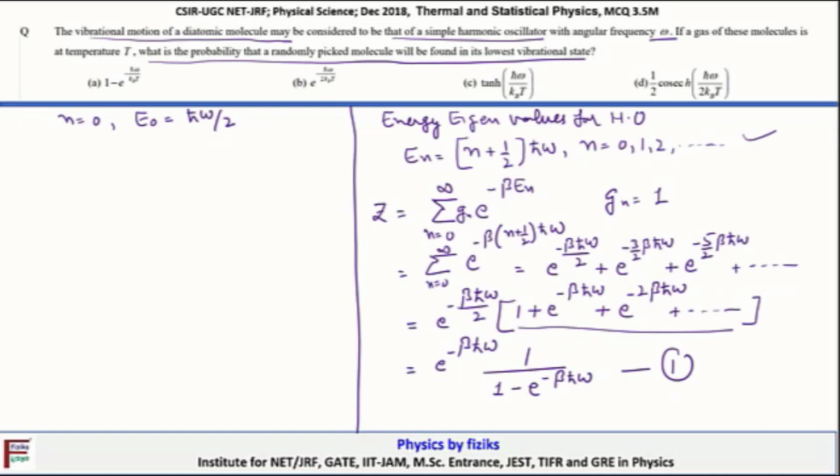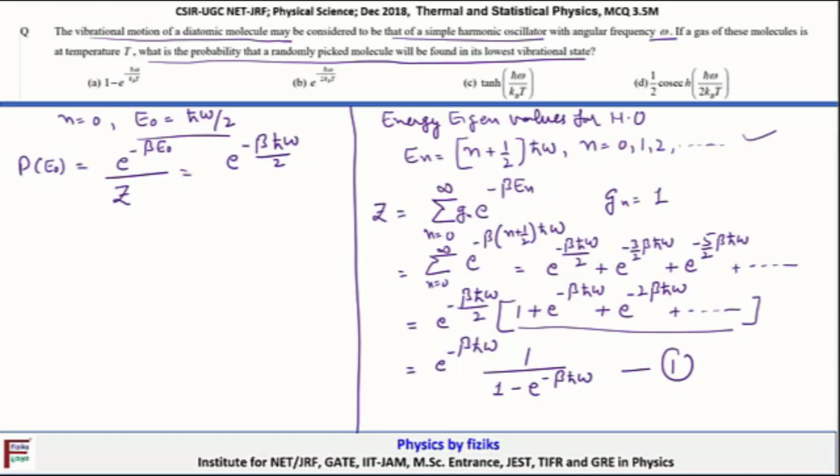The probability of finding a molecule in the state E0 is equal to exponential minus beta times the energy of the level, divided by the partition function.